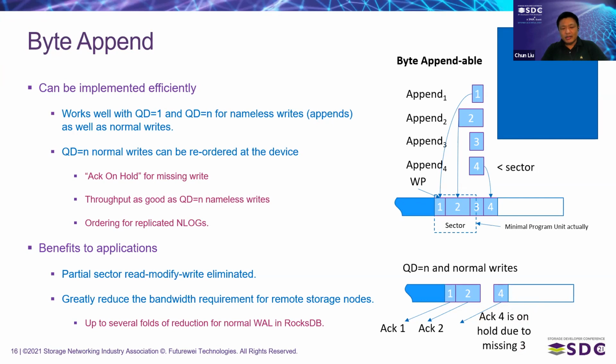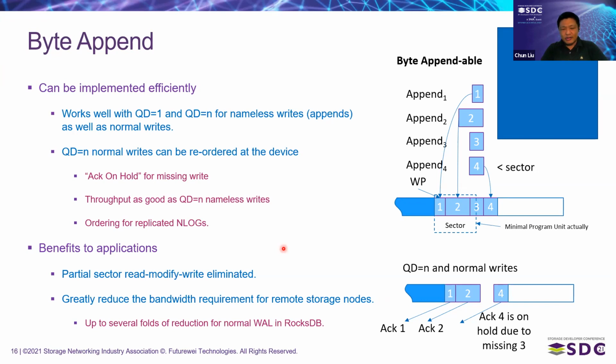Even though complicated, this mechanism has added benefits in a distributed environment. As a distributed log needs to maintain the same order among replicas, the write address is perfect for ordering. With this feature, the partial sector read-modify-write can be eliminated, thus reducing the bandwidth requirement for partial sector appends.